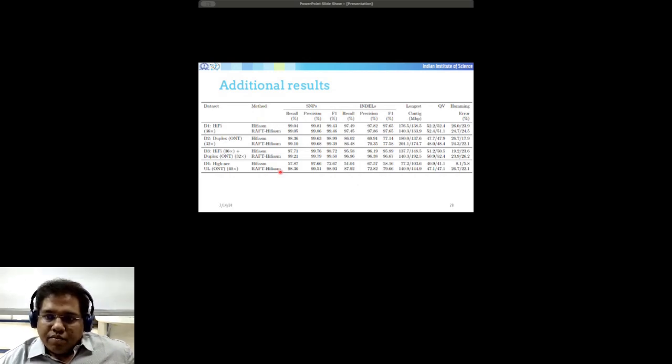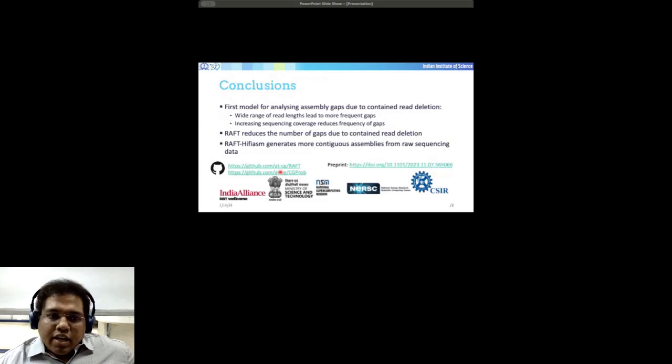So in the improvement of the gaps within the variants, did you restrict interest to the gaps of specific sizes? No. So any and all contained reads which might potentially create a gap, we aim to solve that problem.